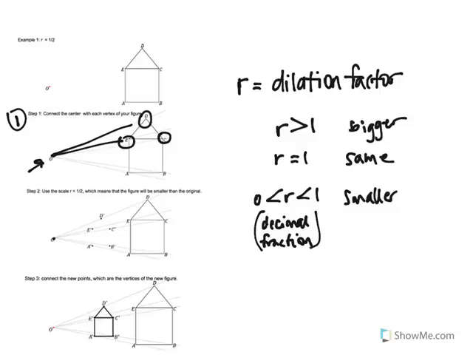You would measure the distance from the center to D prime, and then you would divide that by the distance from the center to D in order to get r. That's just how you get r, just so you know. And then step 3, we connect the new points to make the new figure.